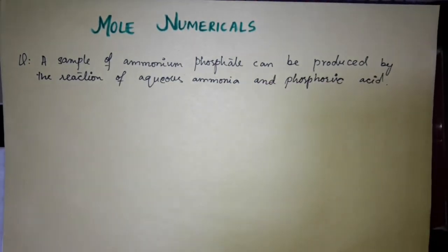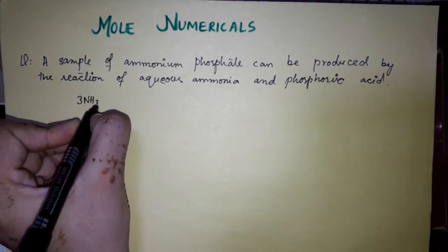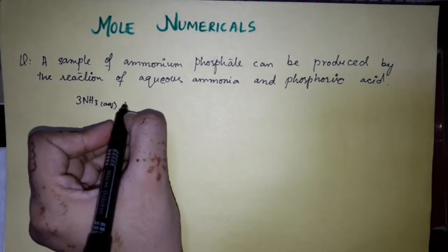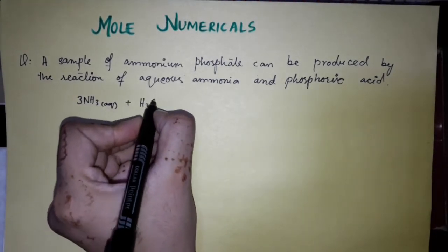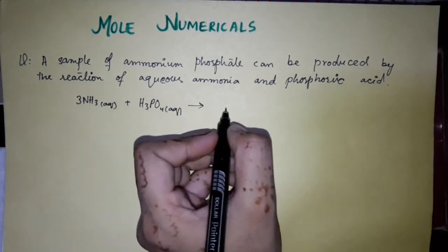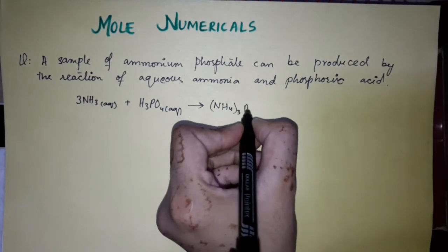So the question says that ammonium phosphate can be prepared by the reaction of aqueous ammonia and phosphoric acid. So we will write the equation: 3 moles of ammonia in aqueous form plus phosphoric acid in aqueous form produces ammonium phosphate in aqueous form.